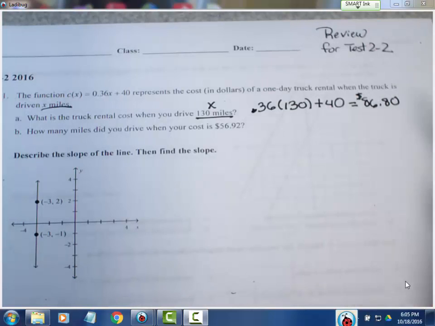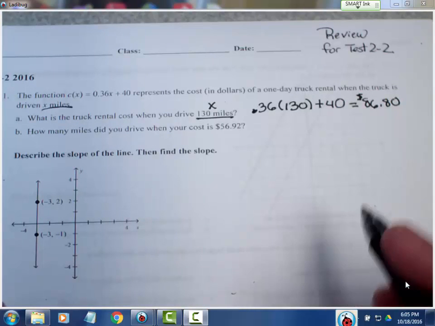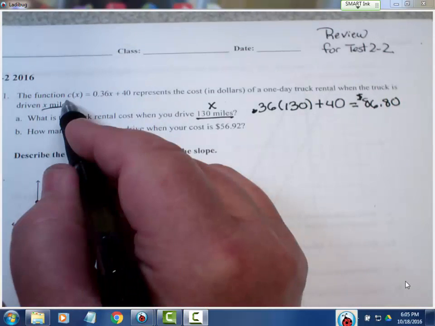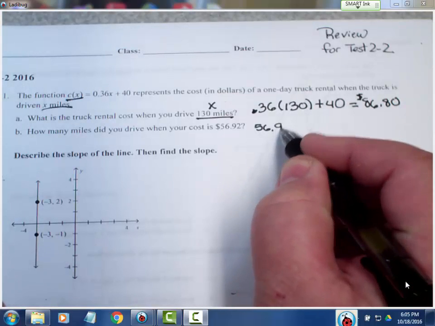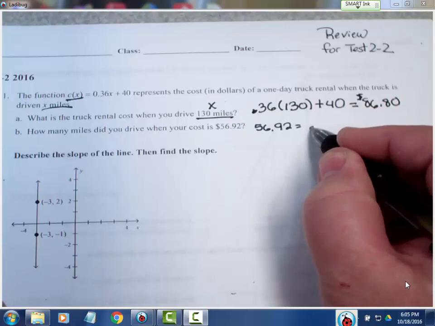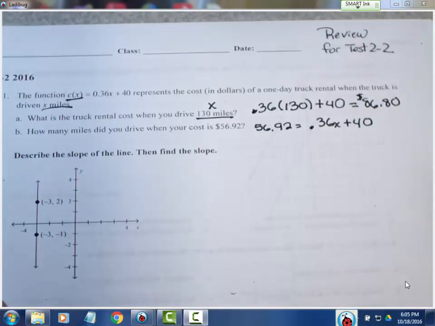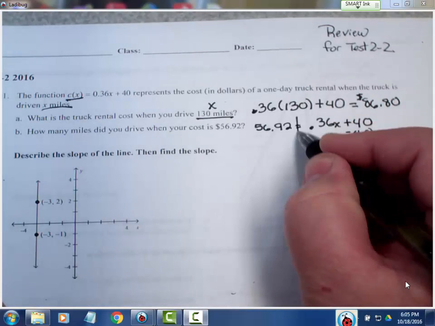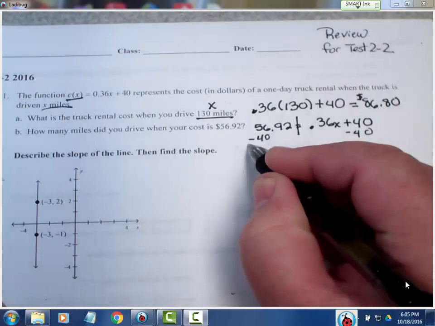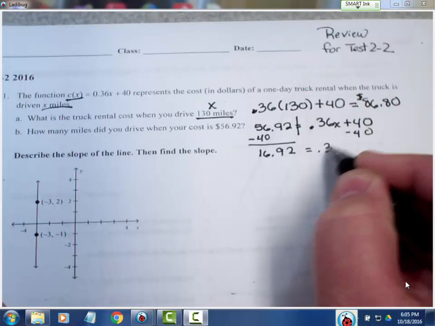Okay. Part B, how many miles did you drive when your cost is $56.92? Okay, so using this, C of x is the cost, so we'd say $56.92 is equal to 0.36x plus 40. Then we would solve for x. We would subtract the 40 from each side of the equal sign, and we'd have 16.92 equals 0.36x.